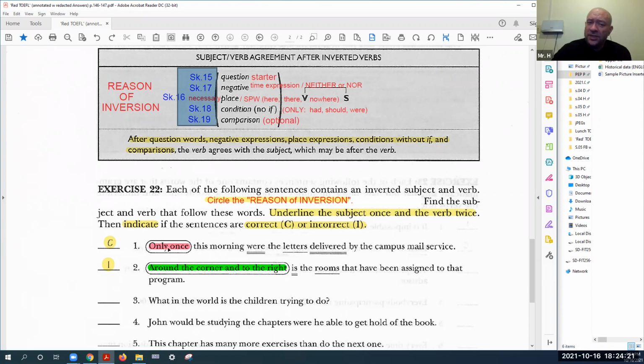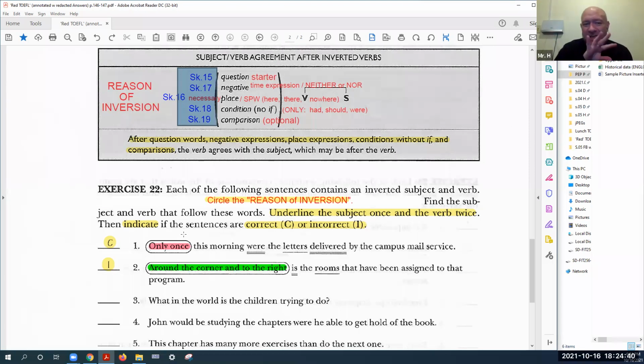I think only one time. It's not conditional. It's a negative time expression, skill 17. It's not negative, but the meaning is almost negative, right?